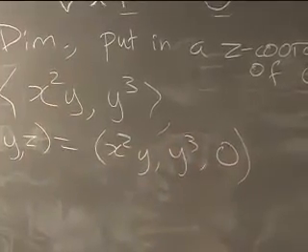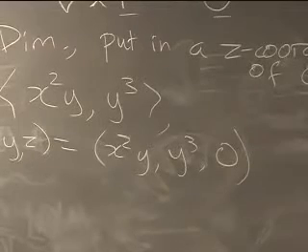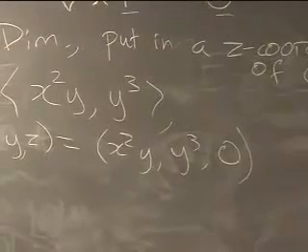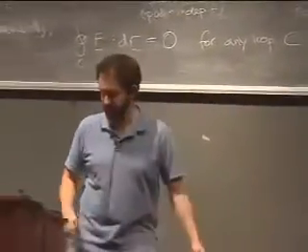That's just a little comment. So if you're working in 2 dimensions, you might as well pretend you're in 3 dimensions with the third coordinate of 0. Then you can take the curl, and I'll be taking a few curls in examples.